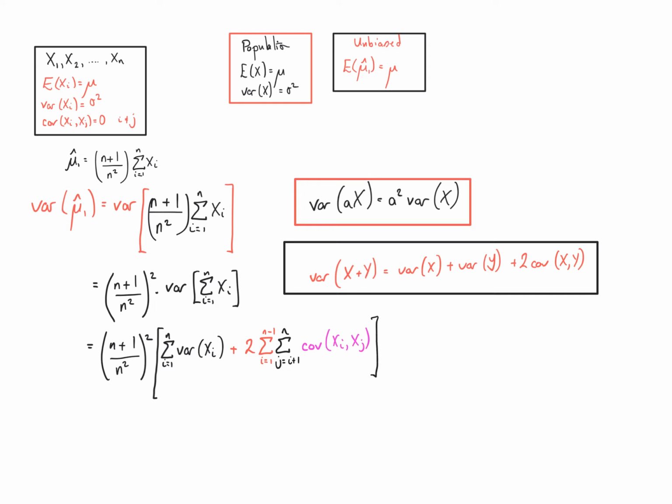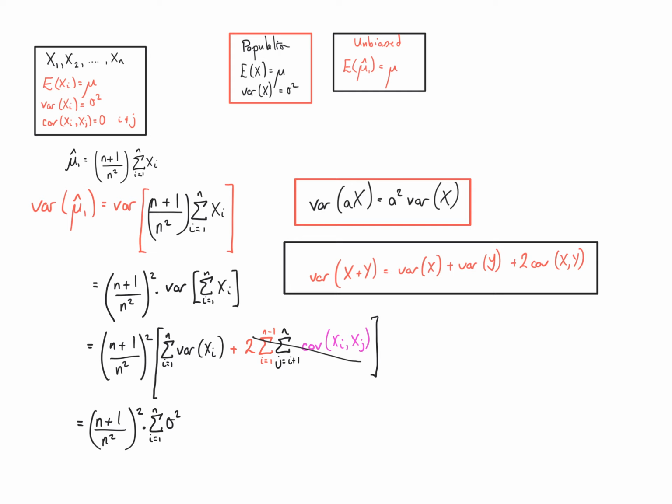But because the observations are IID, these covariance terms are going to vanish, leaving us just with the sum of the variance of xi's. But again, because the observations are IID, we know that the variance of xi is a constant, which is equal to the variance of x. So we can rewrite this as being equal to n plus 1 over n squared, all squared, times the sum of sigma squared.